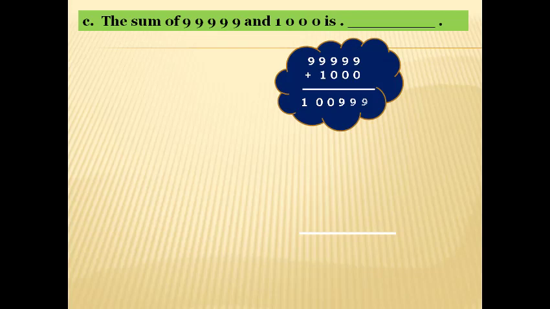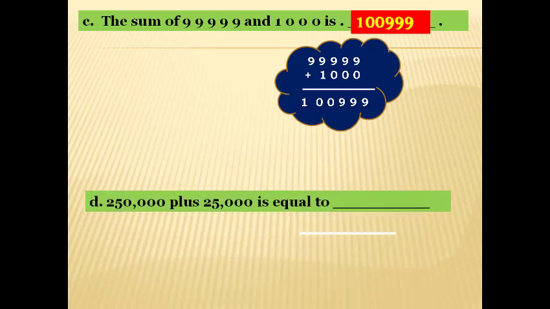C. The sum of 99,999 and 1,000 is dash. Now match your answer with this solution. 99,999 plus 1,000 is equal to 100,999. So the answer is 100,999.